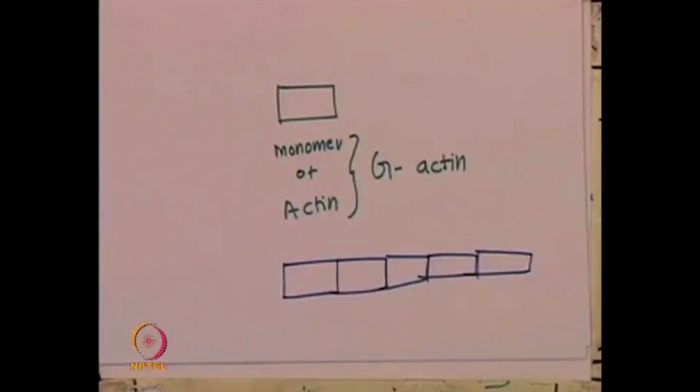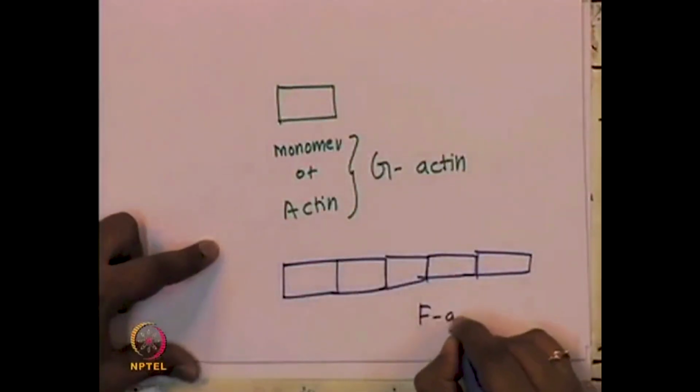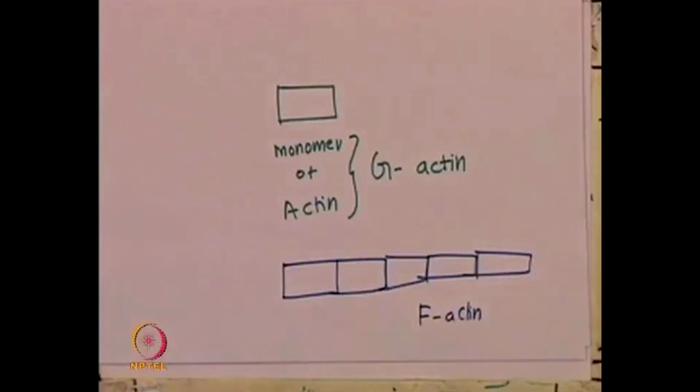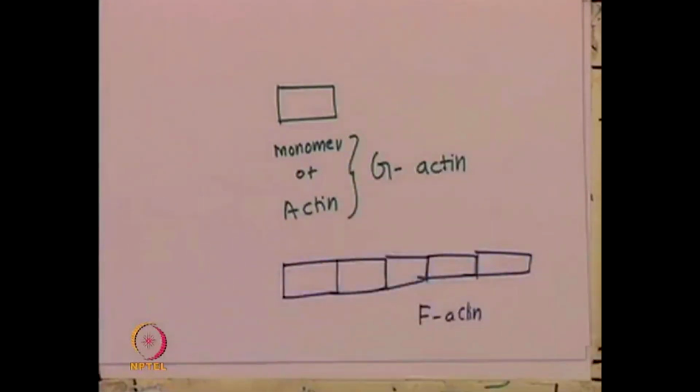So, we are going to understand this process of polymerization. This G actin becomes F actin. This is called F actin, because this is filamentous actin, it is a filament. We are going to use the idea of derivative, the idea of calculus and functions we learned to understand something about this process.